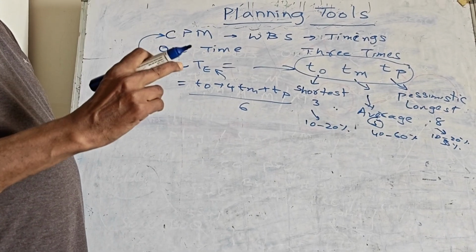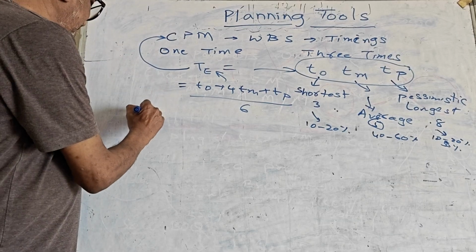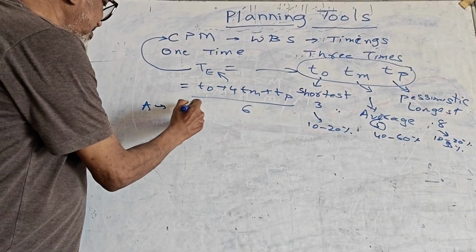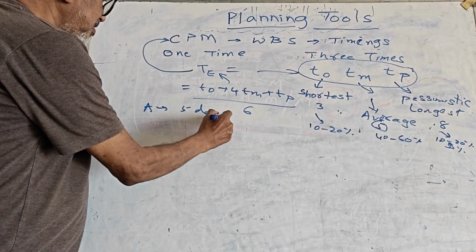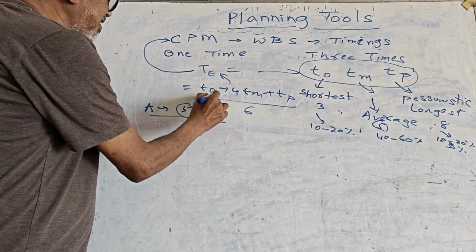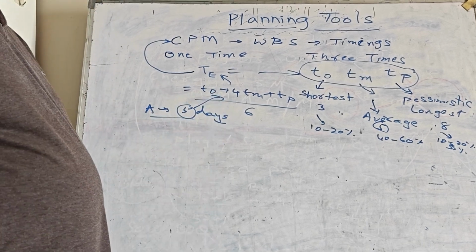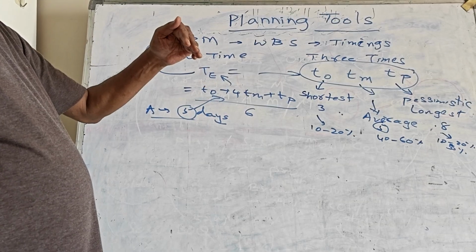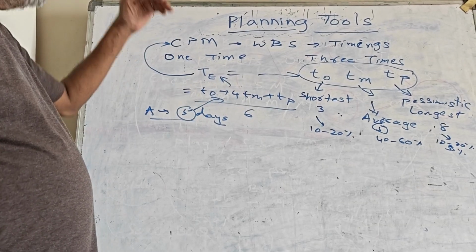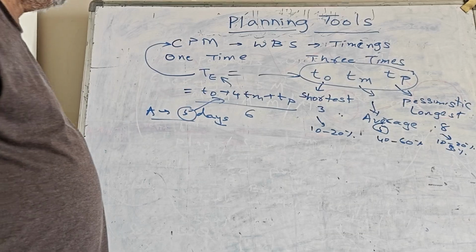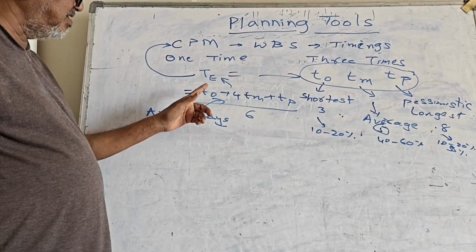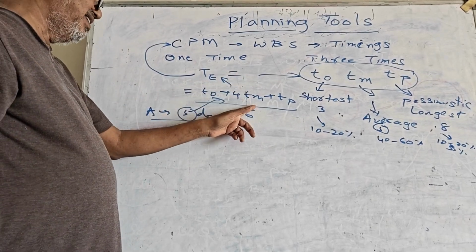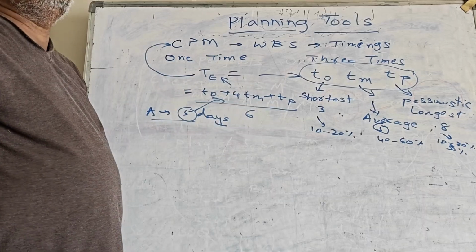In the numerical problem, we have assumed activity A taking 5 days earlier. So this 5 days has come from this. What I mean to say is TE is the expected time. Why is it the most sure expected time? Because it is considering T naught, it is considering Tm, and it is also considering Tp.